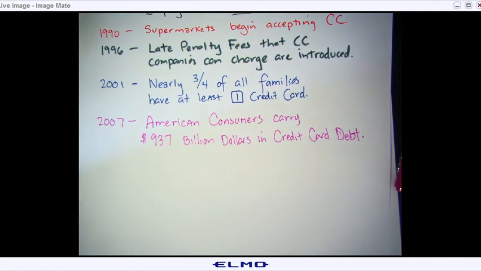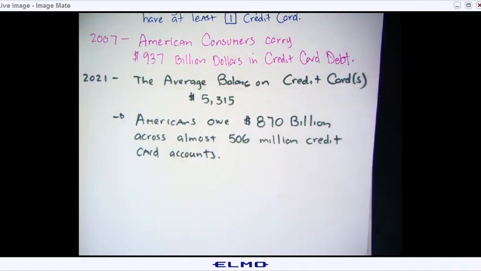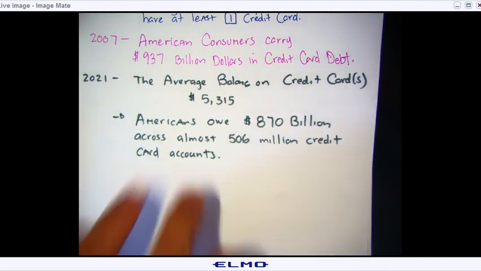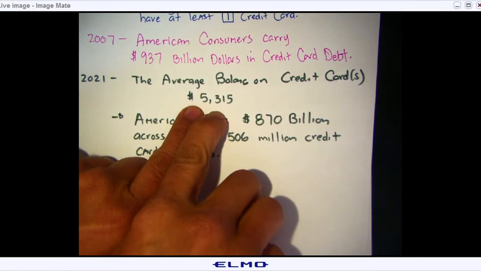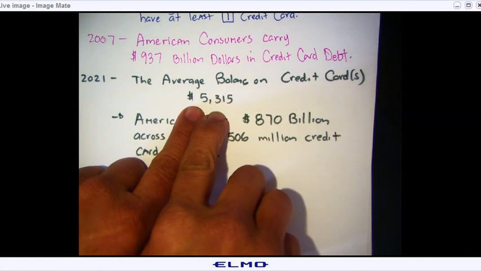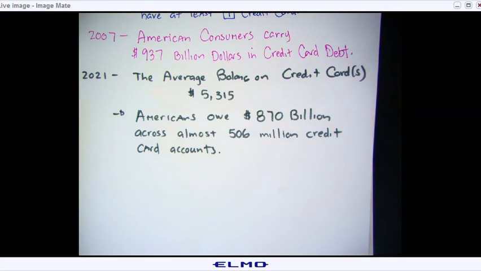The last part is in 2021, the average balance on credit cards, maybe they might have one, maybe three, but together the average American is about $5,315. Sometimes some people are less. Mine is way less. Americans owe $870 billion across almost 506 million credit card accounts.